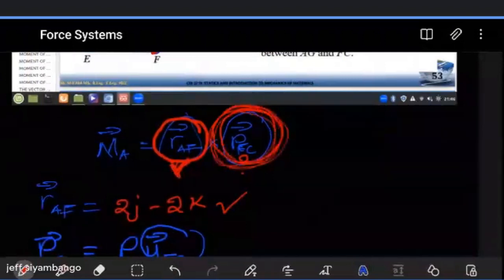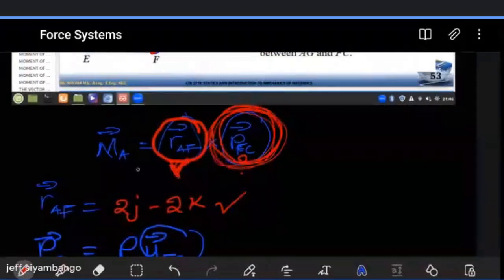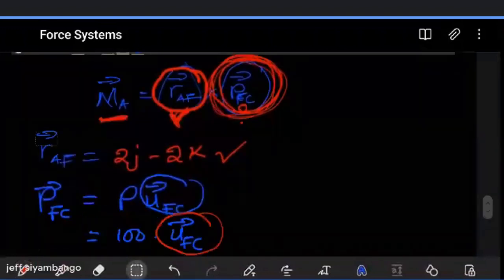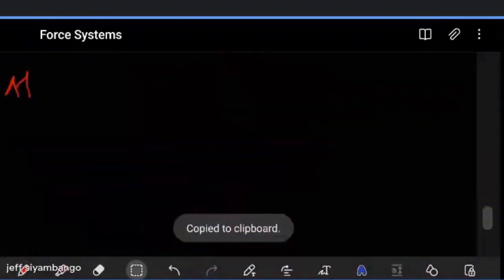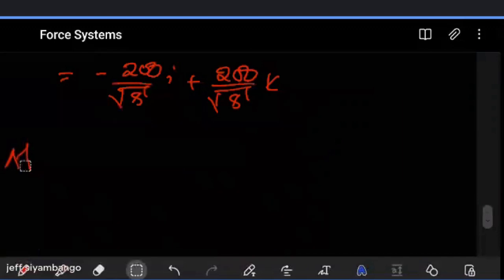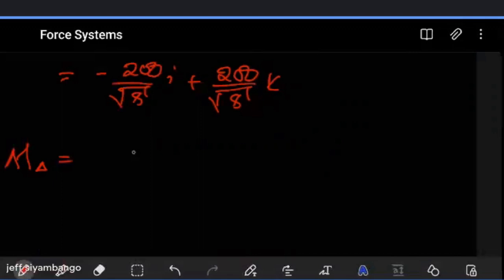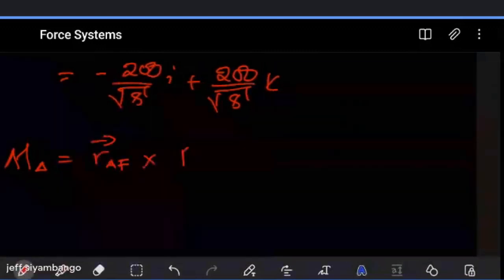Now that we have the two, we can get their cross product so that we get the moment about A. So let me just copy my position vector. My moment about the point A will be equal to the cross product of the position vector from A to F cross the force P that is running from F to C.